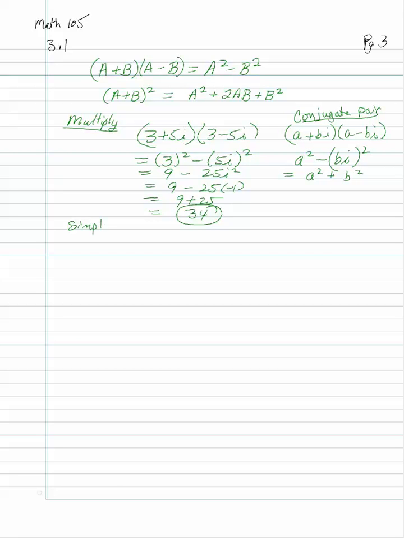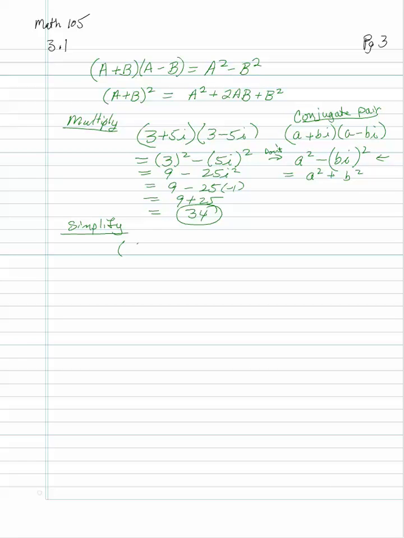So let's try a couple using this shortcut. I don't care if you show this step here. You don't have to show that if you don't want, or you can show it if it helps you remember it, because if you think of it as a difference of squares, you show that step, or you can just skip it and just know that you're going to square the a, square the b, the i squared changes sign, so it becomes plus b squared.